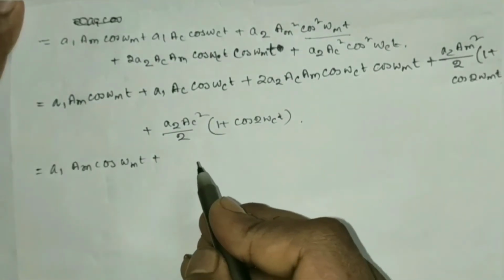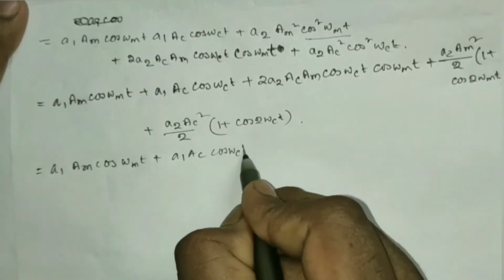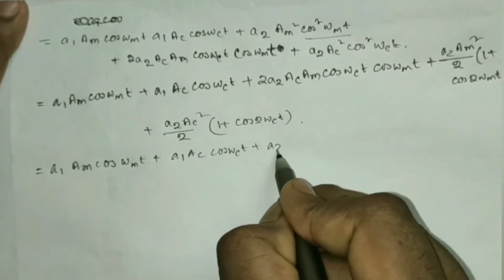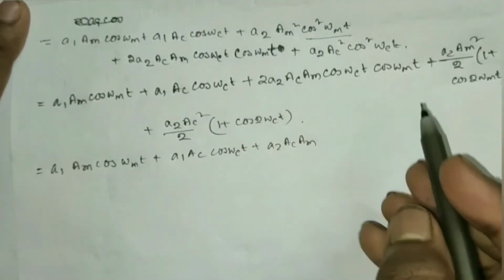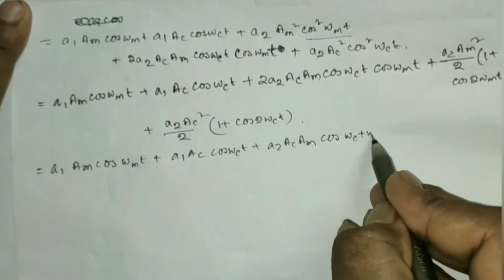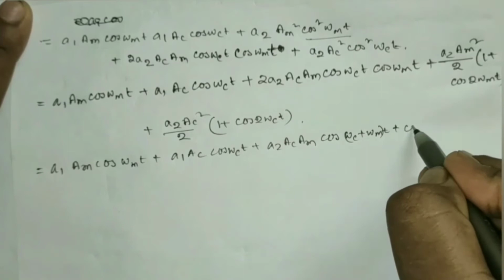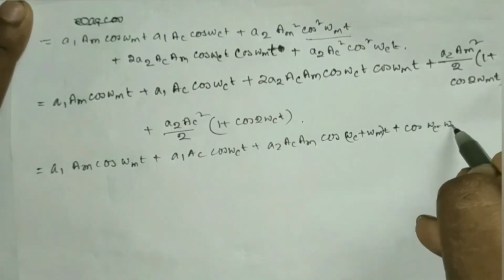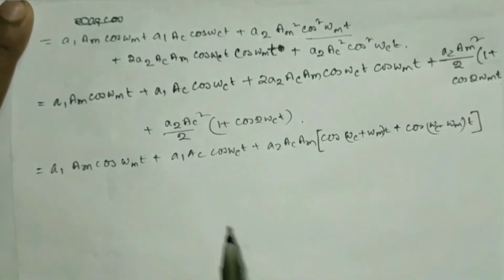That is equal to a1 Am cos omega m t plus a1 Ac cos omega c t plus a2 Ac into Am. 2 cos omega c t into cos omega m t is cos of omega c plus omega m into t plus cos of omega c minus omega m into t, as omega c is greater than omega m.